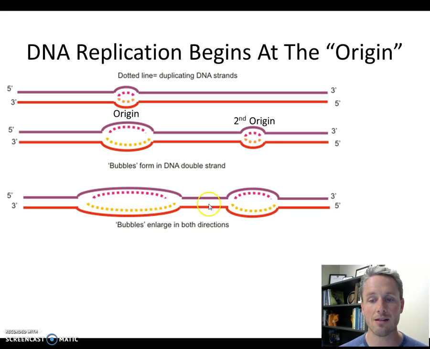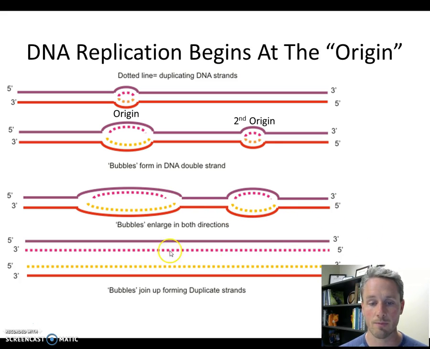So we're going to keep copying the DNA, making the dashed or dotted strands of DNA, the new strands, until they run into one another or reach the end of the DNA molecule. And when they do, we'll have two identical copies of the DNA molecule, each one consisting of one old strand, the solid line, and one new strand, the dotted line.